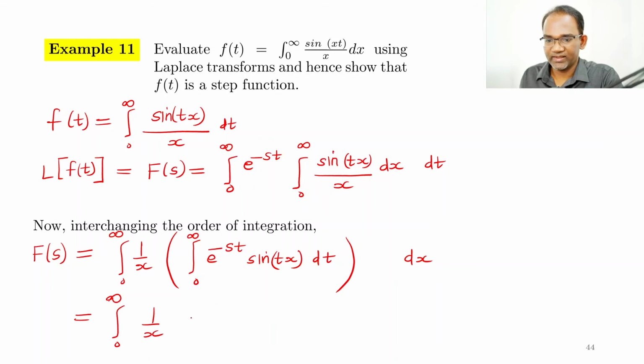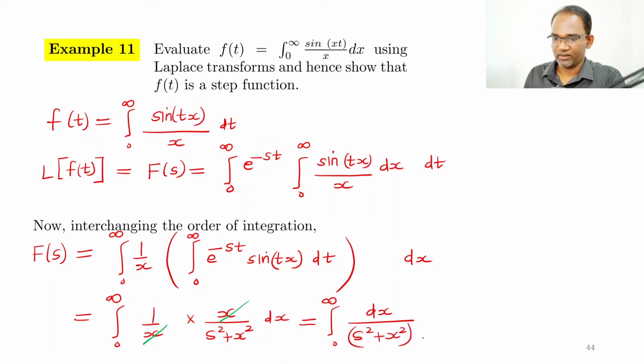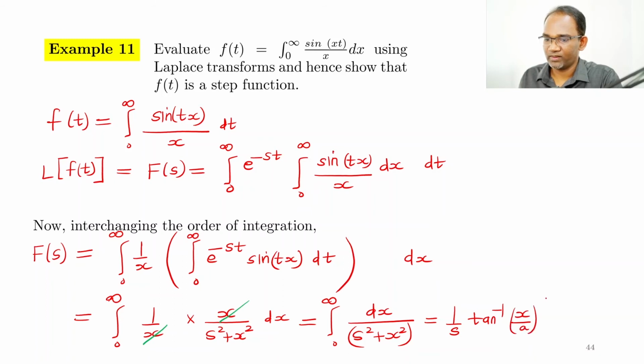When we calculate this integral, we know that this is equal to x over (s squared plus x squared) times dx, and x gets cancelled, and the integral becomes integral 0 to infinity dx over (s squared plus x squared). And this is nothing but 1 by s times tan inverse of x over s from the lookup table, from 0 to infinity. And this is equal to pi over 2s.